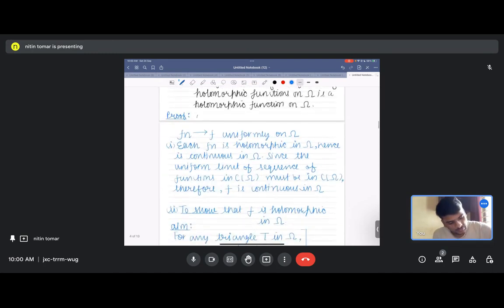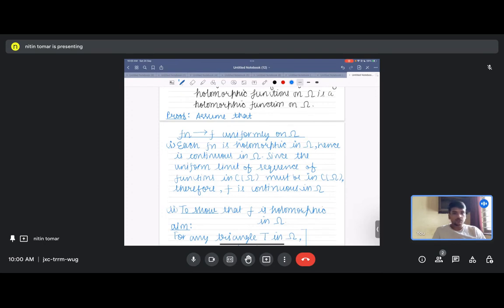So assume that f_n converges to f uniformly on omega. So this we have assumed. Now the first point that you should know is that since each f_n is holomorphic in omega, hence it is continuous in omega.